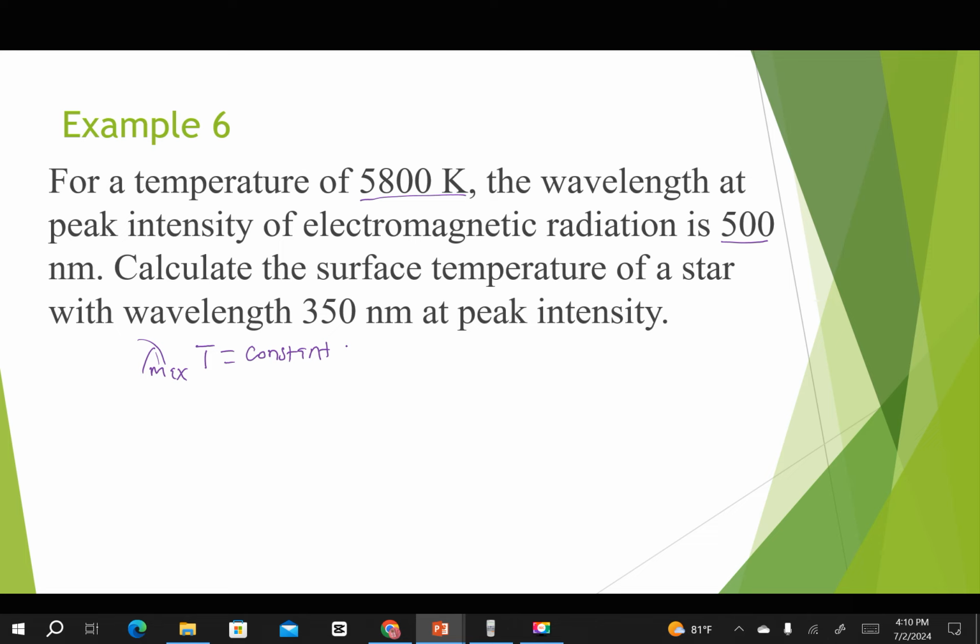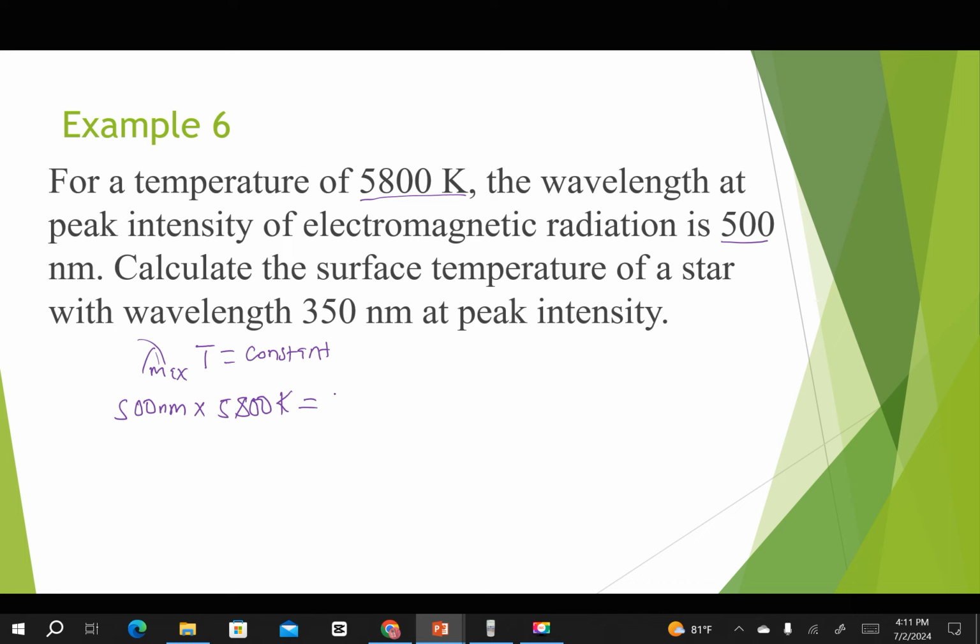For the sun, for a temperature of 5,800 Kelvin, the wavelength is 500 nanometers. So I'll say 500 nanometers times the temperature, 5,800 Kelvin. This should be equal to the other equation, because the constant is the same, I'm equating the two equations.